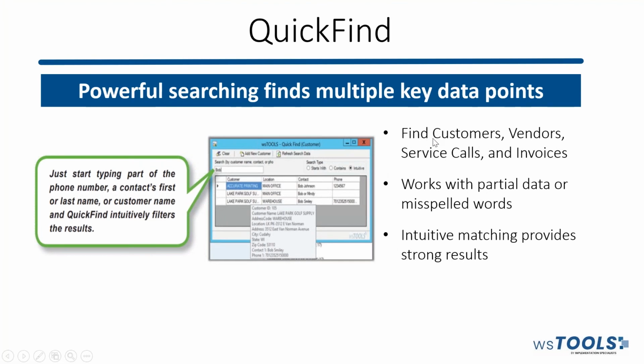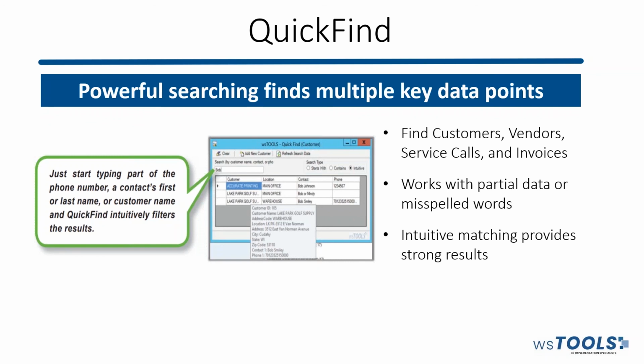Quick find, again, here we said customers, vendors, service calls, and invoices is the information that you can find. And you can choose to turn on any one of those four. And we'll take a look in our demo at the invoices in particular as we bring up job cost invoices. But one of the cool things about this tool is you don't even have to spell things right if you can't.